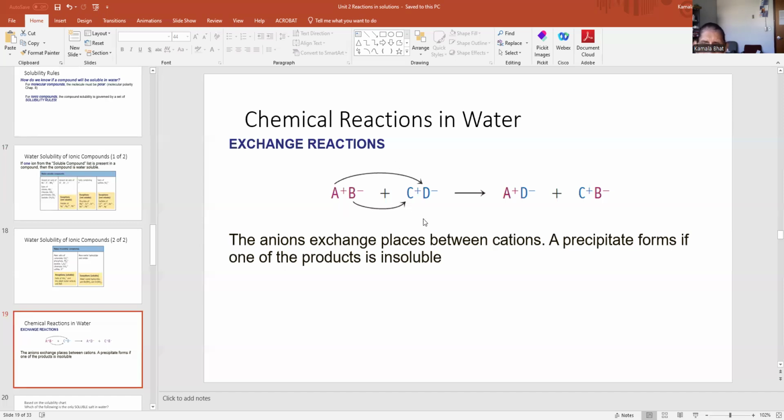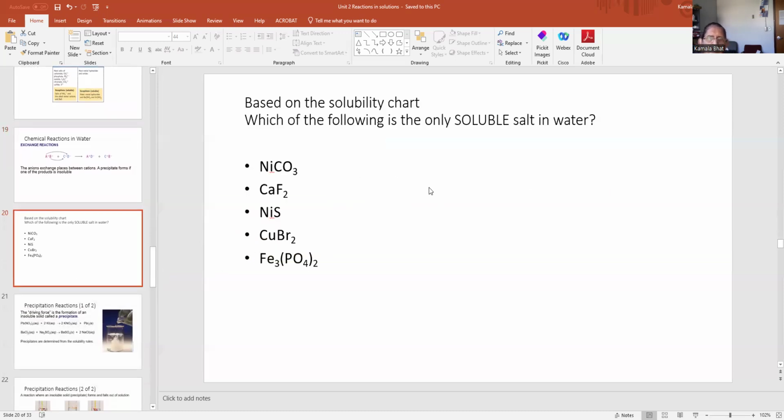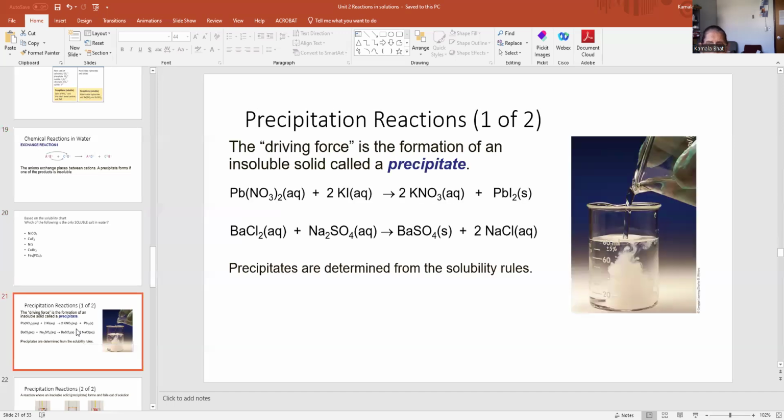The anions exchange between the cations, and when a precipitate forms, one of the products is insoluble. Based on the solubility chart, try to go back and look at it and predict which compounds are water soluble and which are water insoluble. That will give you a trend to form an informed judgment and learn the rules.